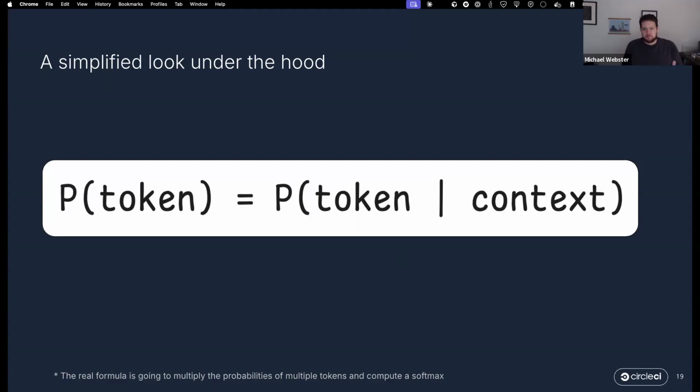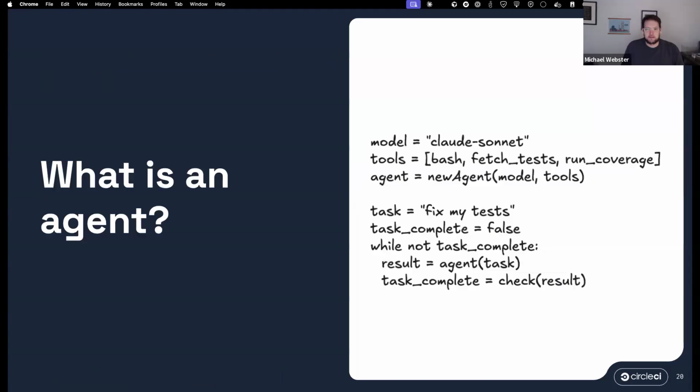That's a single LLM call, and then agents add some dynamism to this process. So let's talk a little bit about what exactly an agent is. An agent consists of a model and some tools that you provide. In this scenario, we have the ability to run bash commands, pull test data, and run specific commands to capture coverage. You give it some task, in this case, fix my tests. Then you run that agent in a loop until some sort of check occurs that says the task is complete.